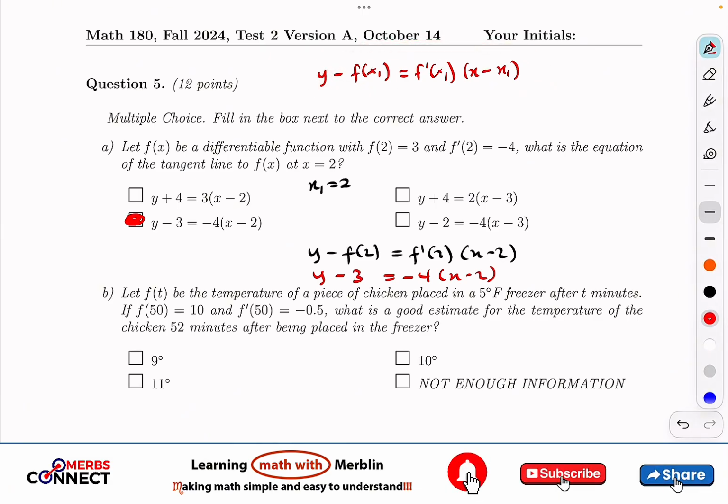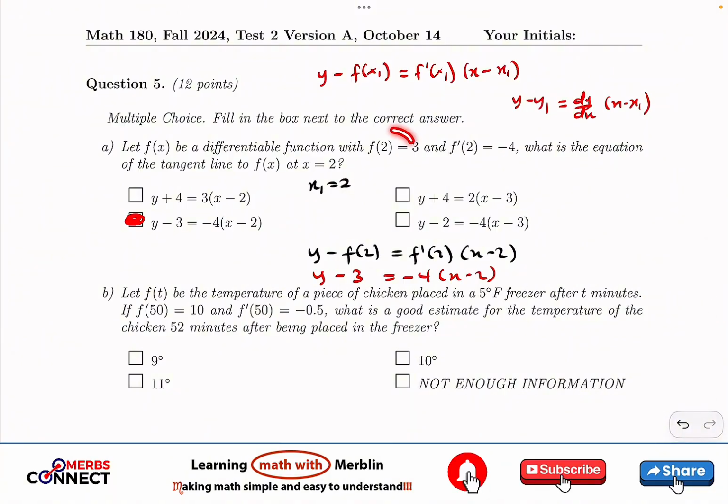Remember, the equation of the tangent can also be written as y minus y1 equals dy over dx times x minus x1, depending on what is given to us. The function was in terms of f of x, so it's good to write it this way, knowing that y1 is the same as f of x1 and dy over dx is the same as f prime of x1. So that's basically what you need to pay attention to here.